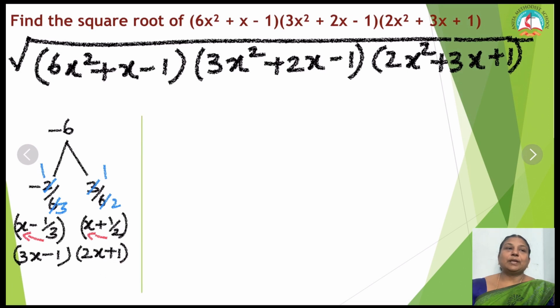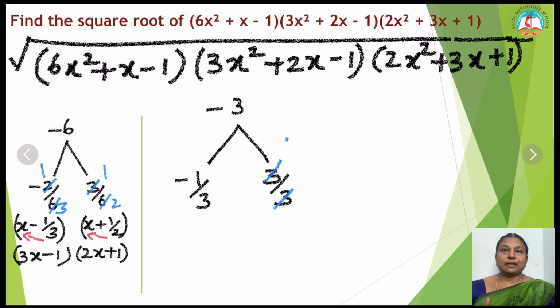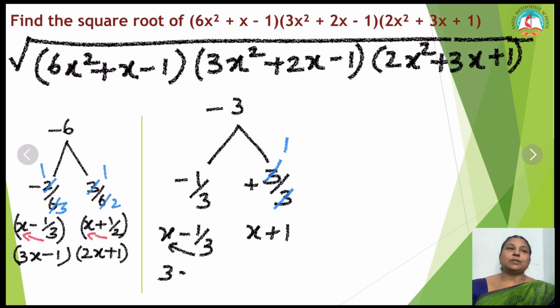Next expression, 3 into minus 1. If I am multiplying I must get minus 3. If I am adding I must get plus 2. So I will get minus 1 plus 3. If I am multiplying, minus 3. 3 minus 1, 2. So I will get minus 1 and plus 3.